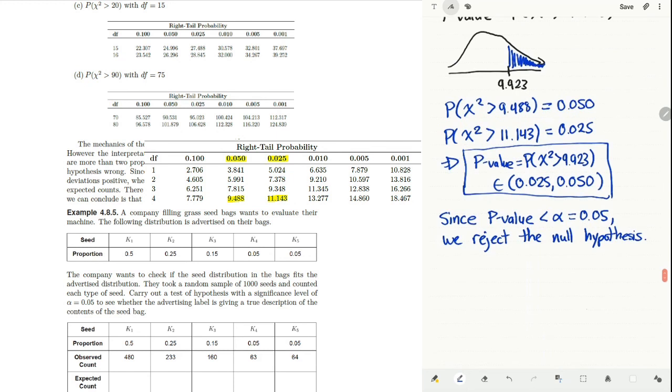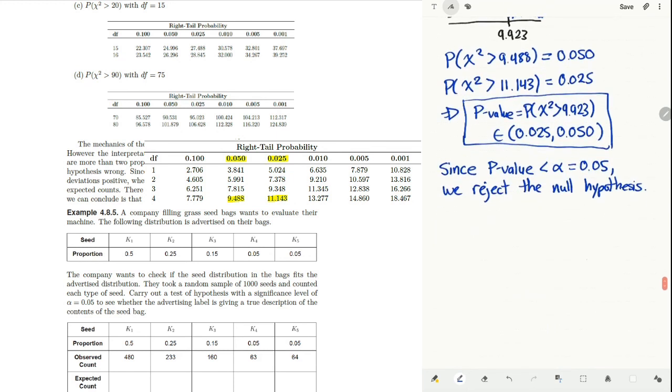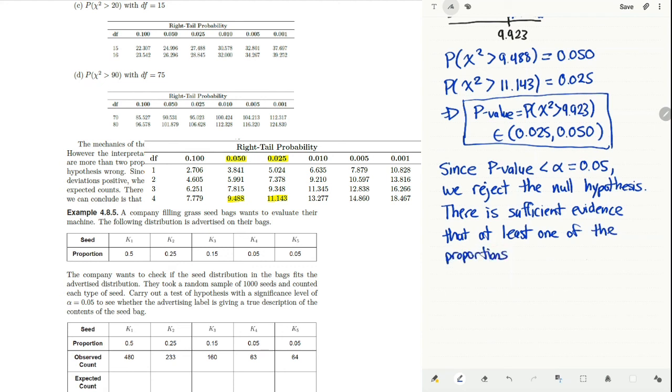Since we rejected the null hypothesis, this means that there's sufficient evidence to conclude that at least one of the proportions differs from the advertised proportions.